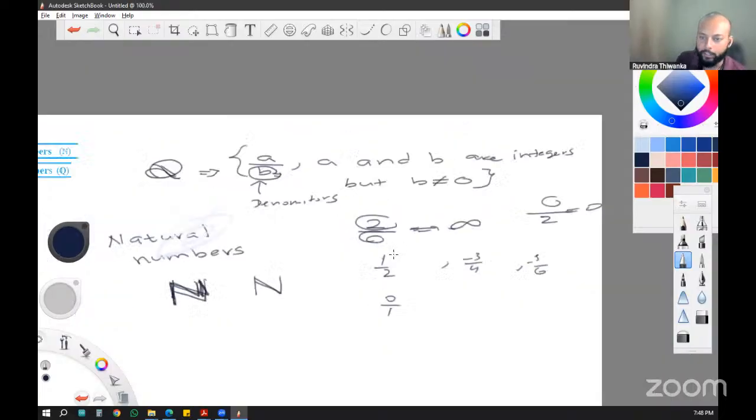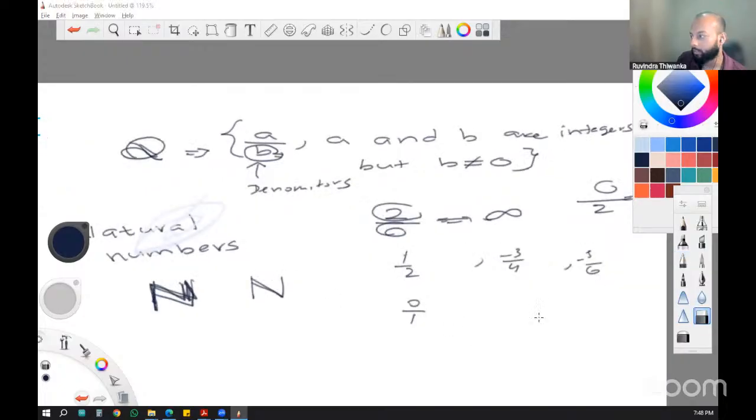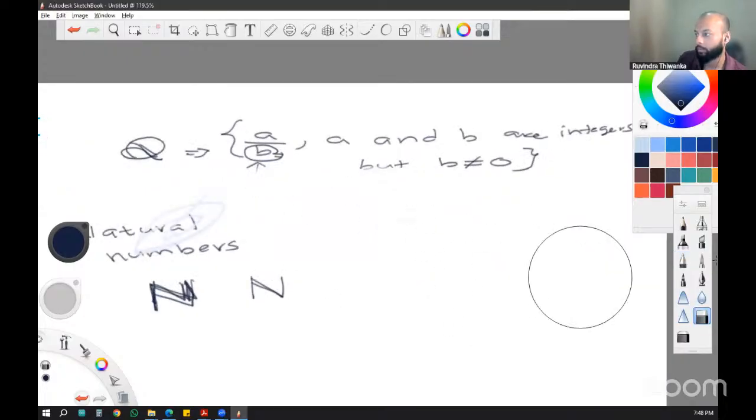If you can, note these things down: rational numbers are a over b, where a and b are integers, but b is not equal to 0. Another thing is that among rational numbers there are terminating decimals.